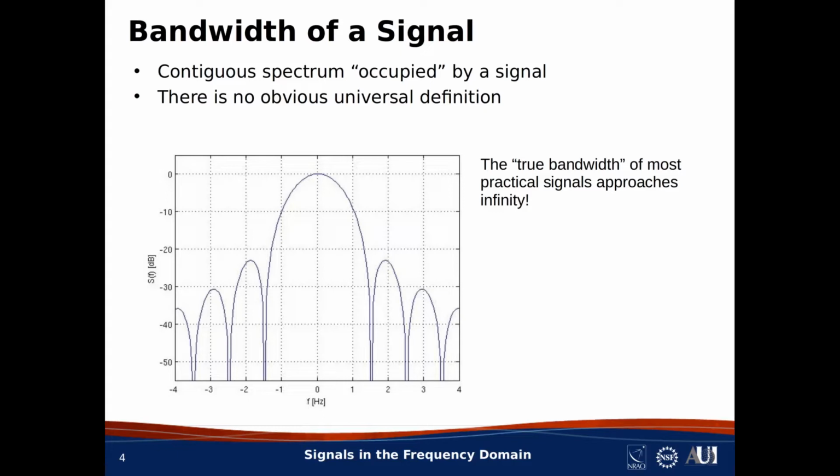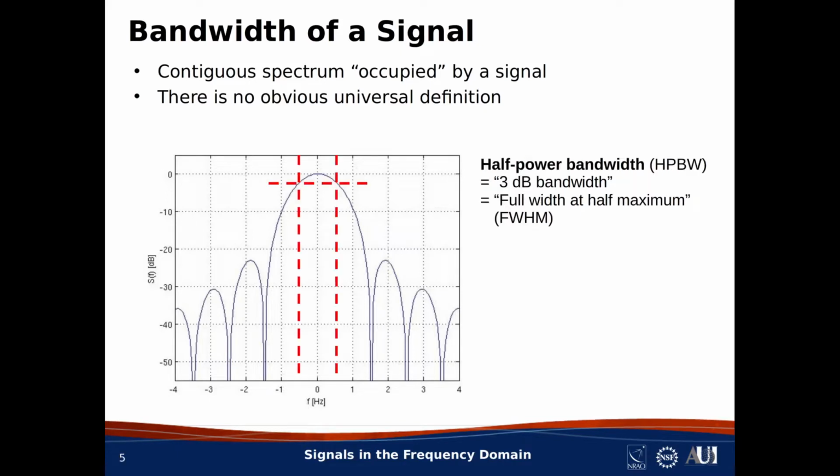Again, a pretty typical thing to see. So, what is the bandwidth of this signal? Well, a direct application of our definition would say that the bandwidth is potentially infinite, since we can't see the side lobes go to zero and stay zero with changing frequency. So, this is obviously not a satisfactory definition.